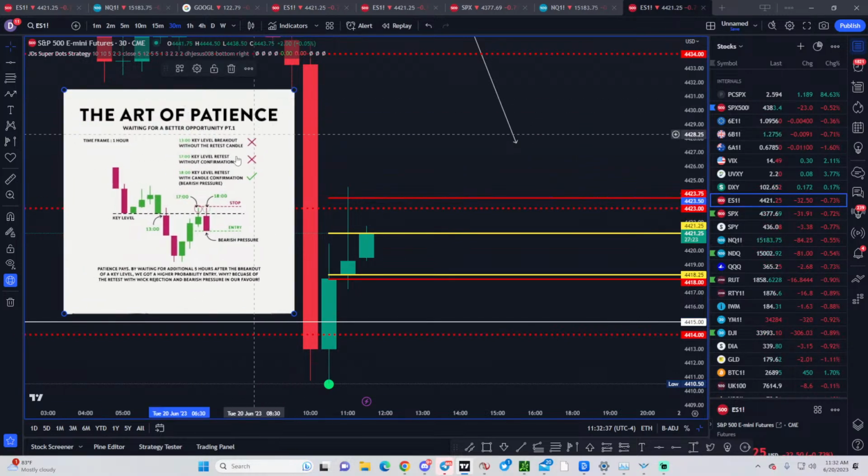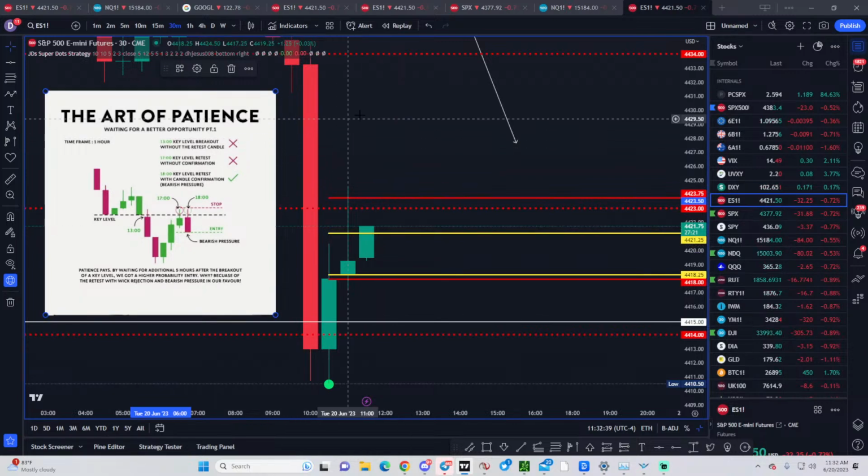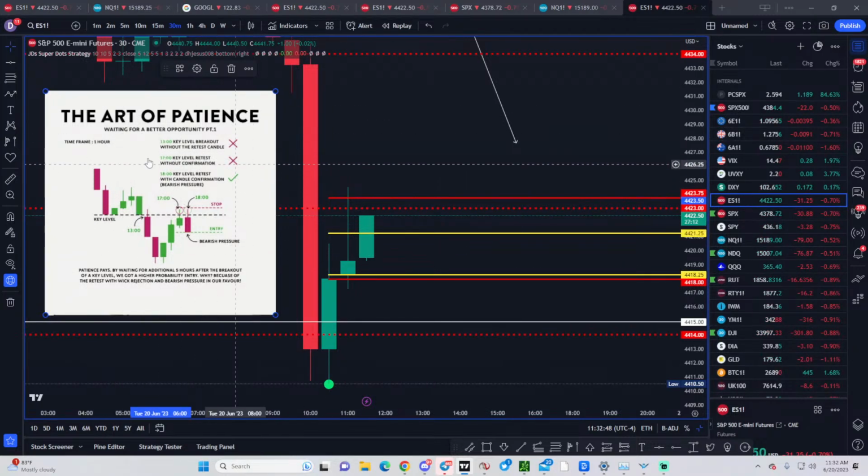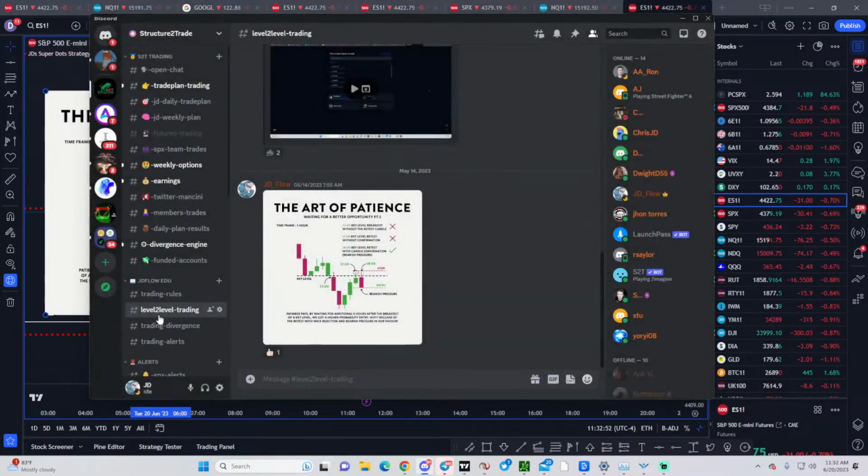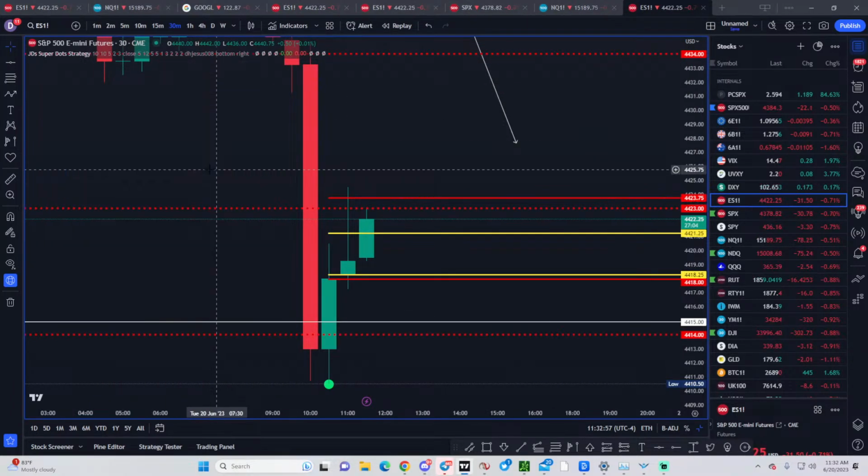So you need to have patience and allow the price to get to a level, and you can take an action based on how the price is reacting to a level. So this is another picture that is posted in the channel, which is right over here, trading level to level. It shows you that in there. So I'm going to delete that picture. That's something you need to keep in mind.